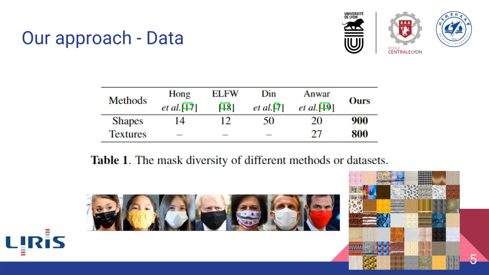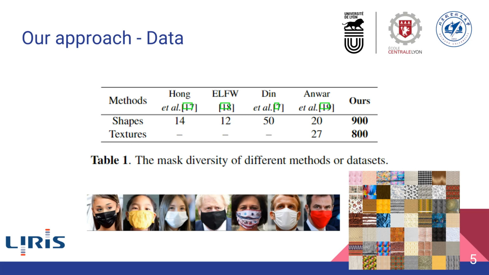Most mask-related approaches synthesize masked and unmasked training pairs by overlaying mask templates on face images of existing face datasets. However, as this table shows, the mask templates used by the previous methods are pretty limited. Only a few tens of variations are far from sufficient to train a robust model.